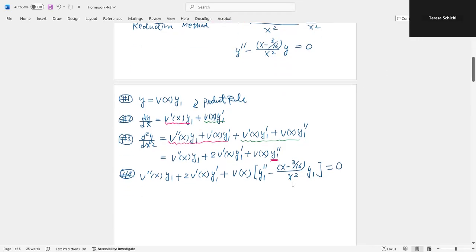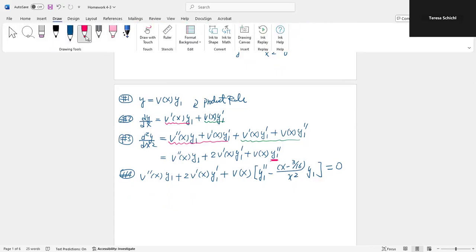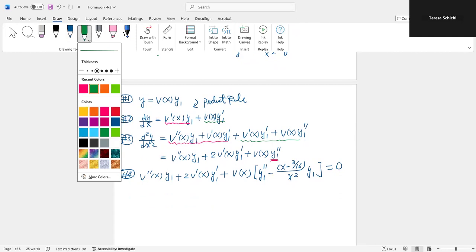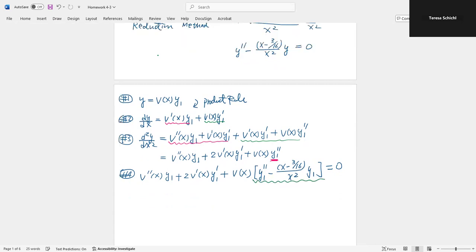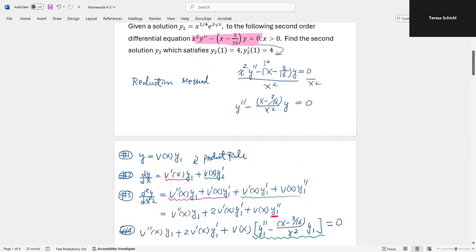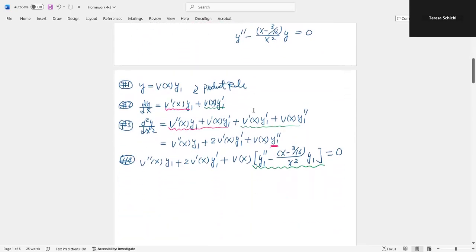Okay, so now we know for this equation, this one is just my second order differential equation. What is this one? This is equal to 0.